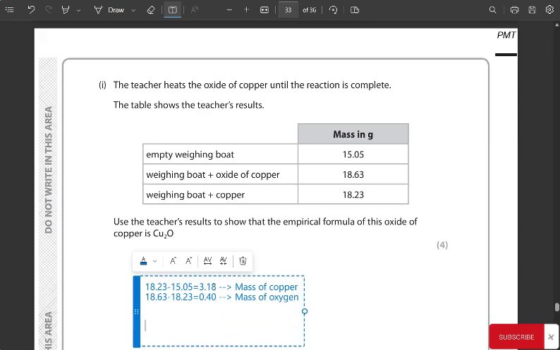And we should find the moles of each. The molar mass of copper is equal to 63.5. That's why we will divide 3.18 by 63.5. It equals 0.05 mole, and for oxygen, 0.4 divided by 16, which is the molar mass of oxygen.